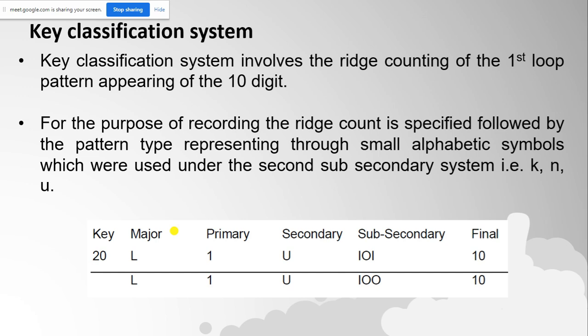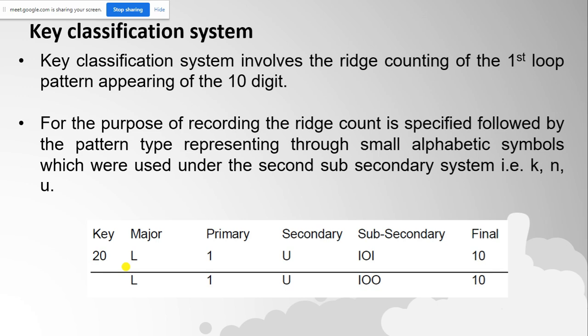So if we have an international offender who has his prints left in America, suppose, and we get a print of him, or he has committed a crime and we catch hold of him in our country and we take his prints. So there is a system where we will be recording his prints, we will be converting him into a digital format, we will be placing that print as per the APHIS system of classification, and we will be circulating the databases into the concerned countries so that they can match these prints with their databases of criminals.